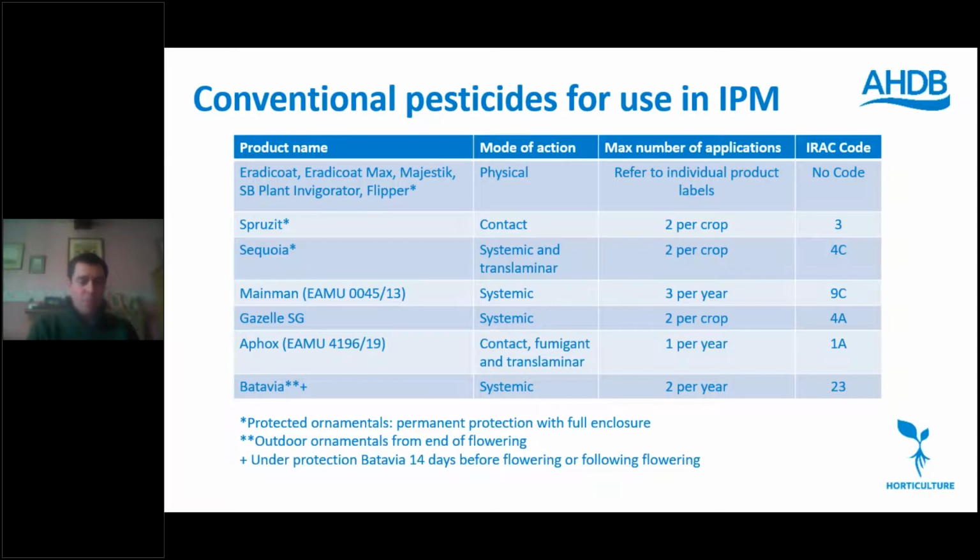And important point there is to not exceed the maximum number of applications per crop or per year. So that's important, and those are put in there to prevent resistance developing. So it's important that people stick with that. And footnotes there cover the restrictions on Batavia and flowering.